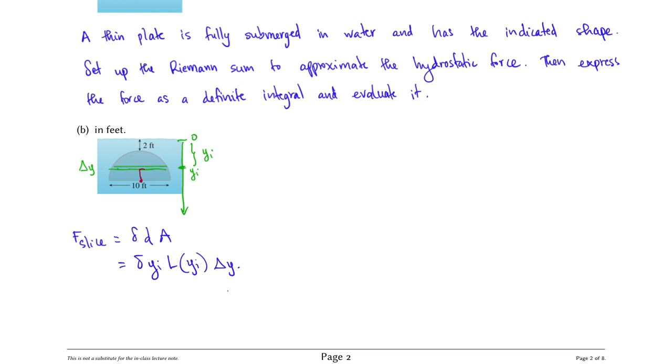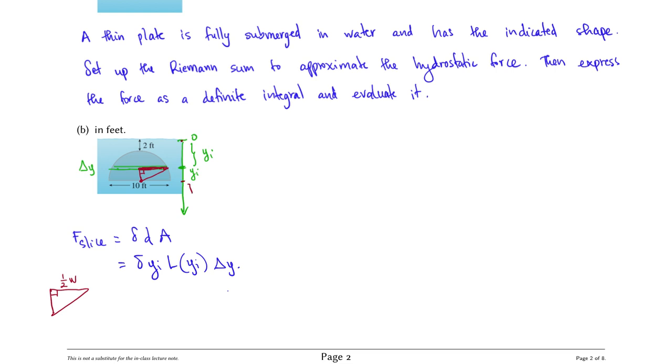It remains to find an expression for L of yi, but we notice that the width is twice the horizontal leg of this right triangle. This horizontal leg is half of the width.